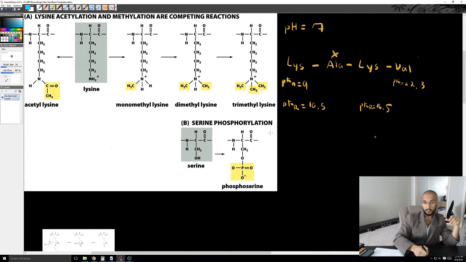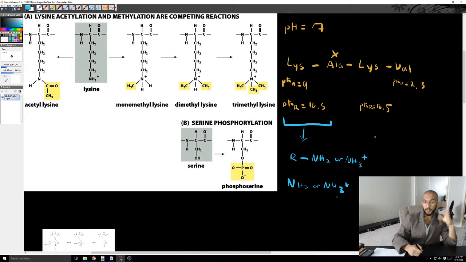Now this first lysine is a bit special. It's on the end. We're going to have the R group, which has an NH2 or NH3 on the end. You know that NH3 would be positive. And because it's on the left side, the amine side, we'll also have the alpha nitrogen, which will also be NH2 or NH3.